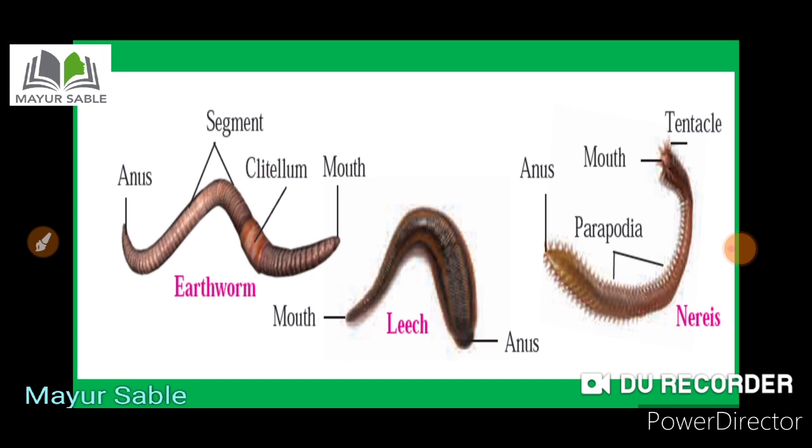They have parapodia or setae or suckers for locomotion. The body of Annelida is covered with a special cuticle, and those animals are either hermaphrodite or unisexual. The examples you can see here in the diagram are the earthworm, the leech and the Nereis. So in this manner, those are the examples of phylum Annelida.